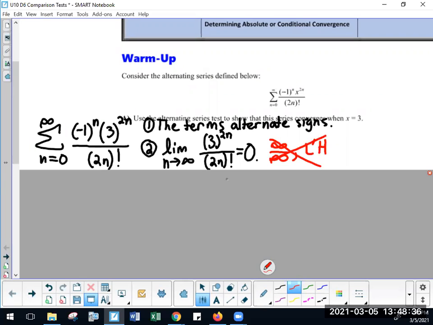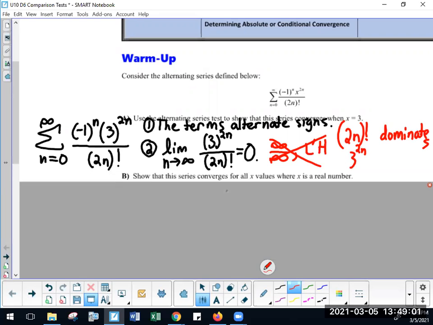So instead, I thought about how 2n factorial dominates 3 to the 2n. As n approaches infinity, 2n factorial will eventually outstrip 3 to the 2n.